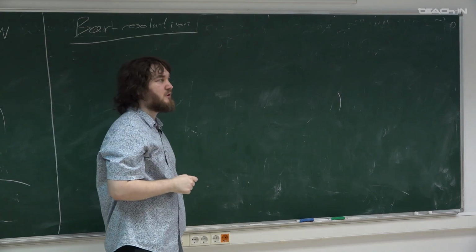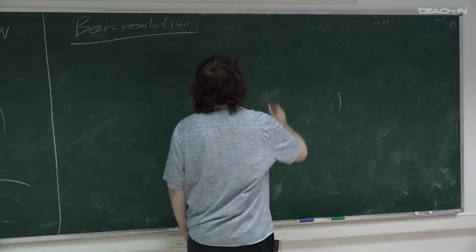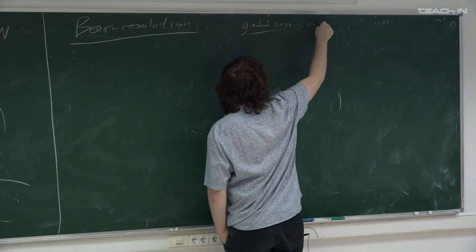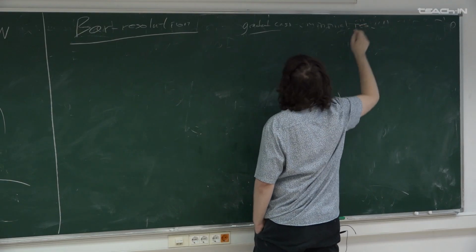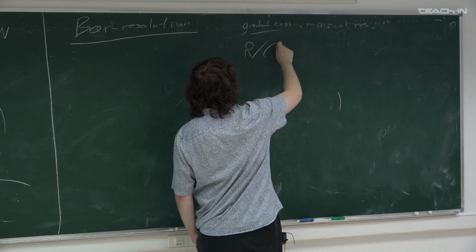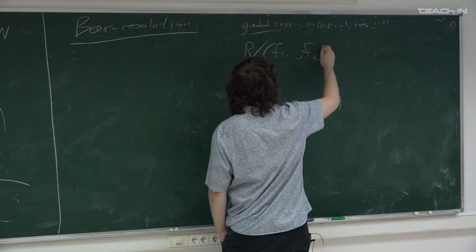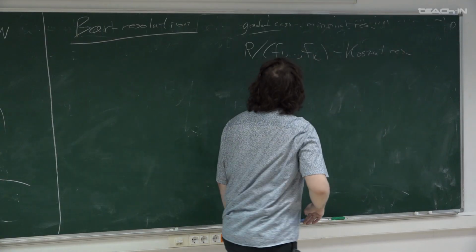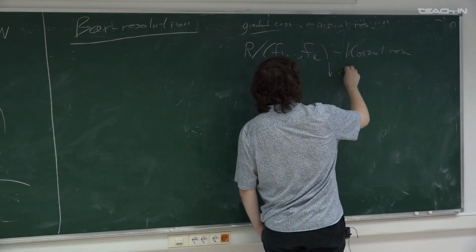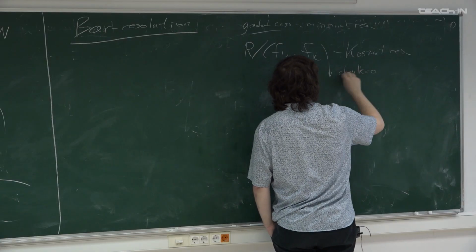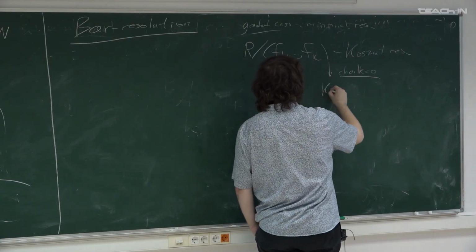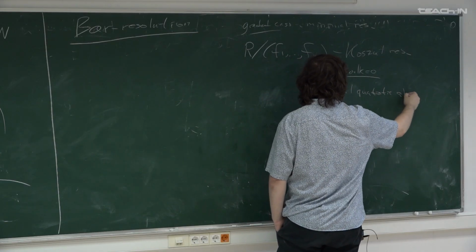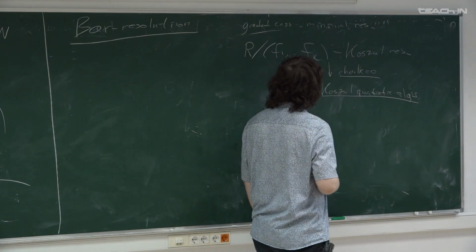What resolutions did we have before? We have minimal resolutions for the graded case. In the commutative case, for a regular sequence, we have the Koszul resolution, which was generalized to Koszul quadratic algebras, also with Koszul resolutions.